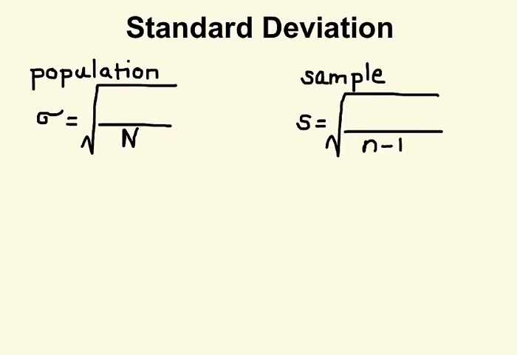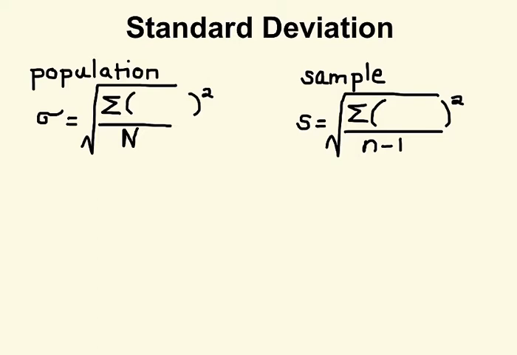Okay. The numerator of the population standard deviation and the sample standard deviation is very similar. They both are summing up a set of values. And they're summing up a set of values that are squared. And the values that we're summing up, where each one is squared, is the difference between each value in the set, whether it's a population or a sample.